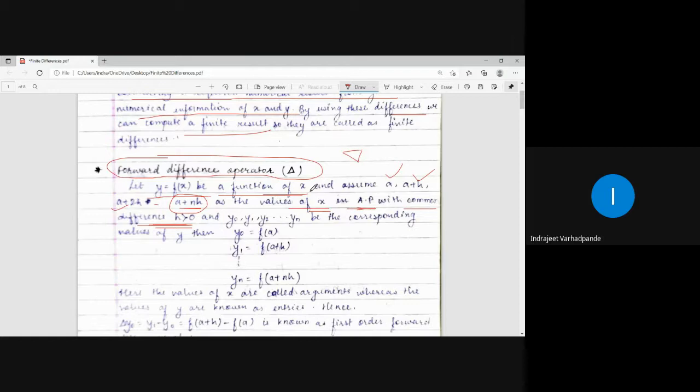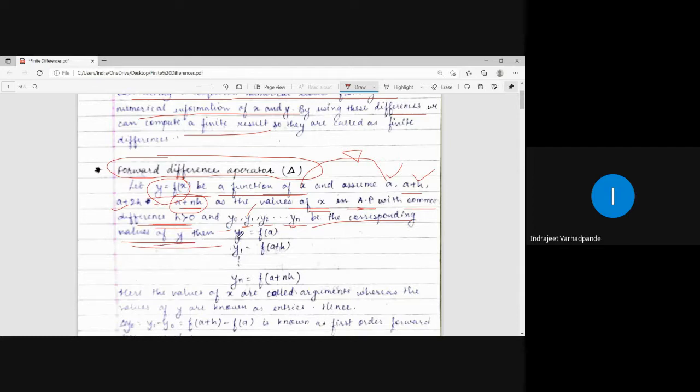Correspondingly, those values will be denoted by y0, y1, y2 up to yn. Why? Because the function is given to you as y is equal to f of x. So the corresponding value of y at x equal to a will be called y0. For the corresponding value at a plus h, it will be called y1, and so on up to yn, be the corresponding values of y.